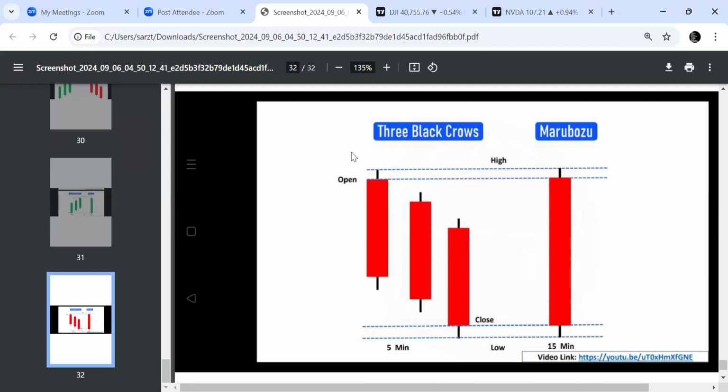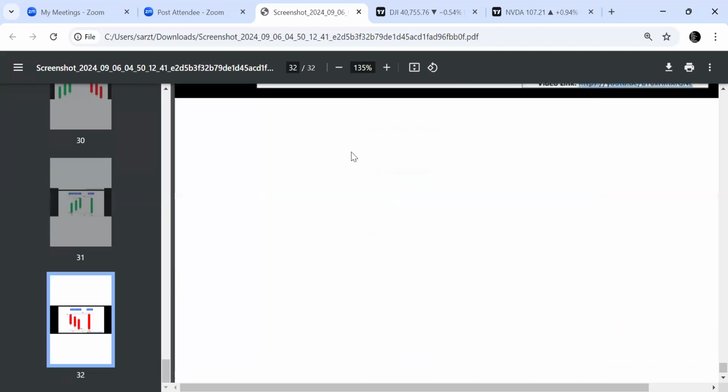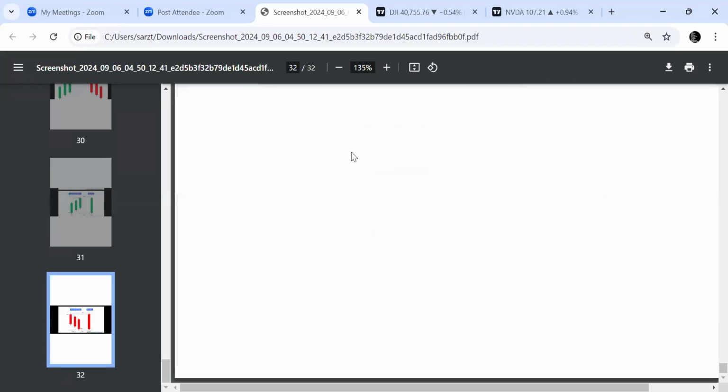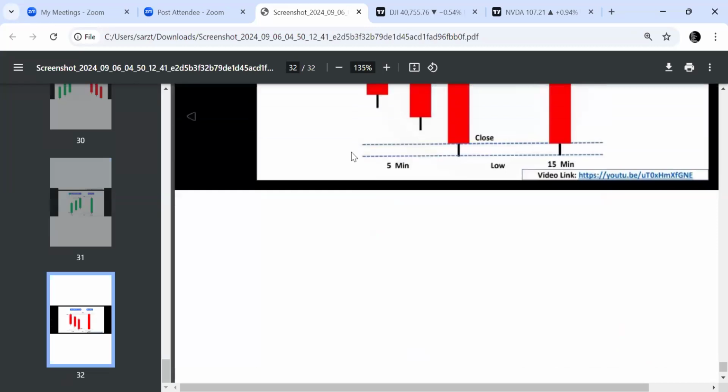At the end of the day, we need to understand the psychology, and it is the same. The two points I discussed at the start of this meeting: if a candlestick forms when the price is falling, it indicates bullishness, and if it forms when the price is increasing, it indicates bearishness.